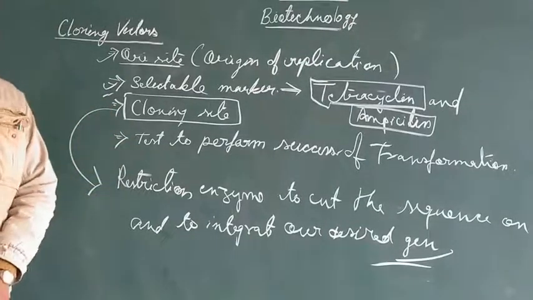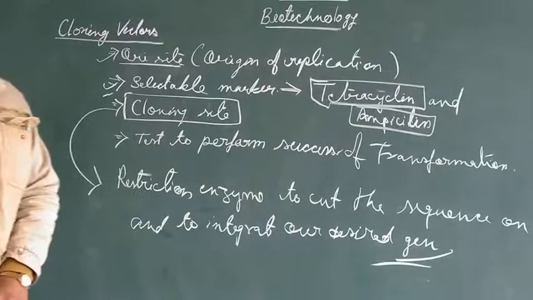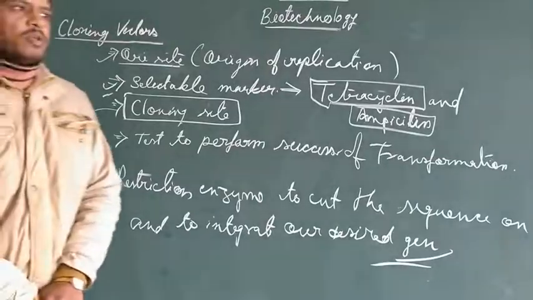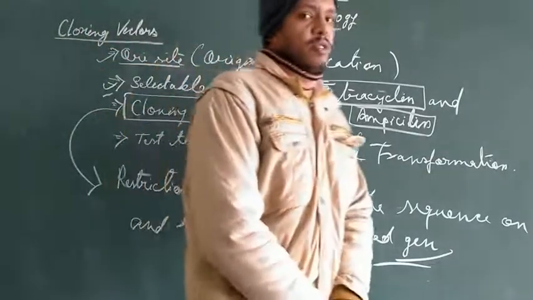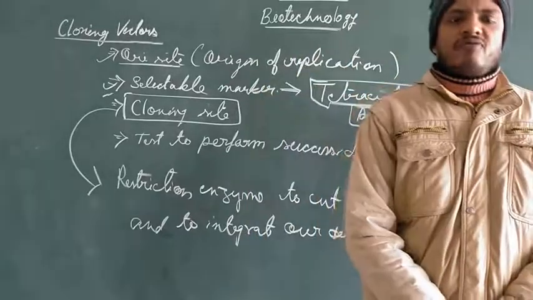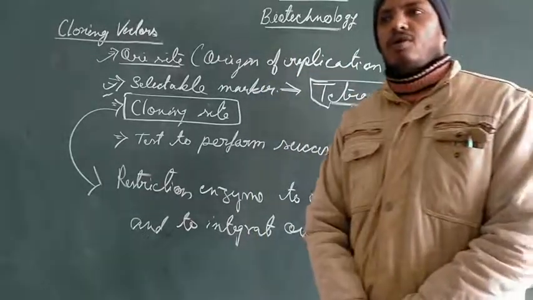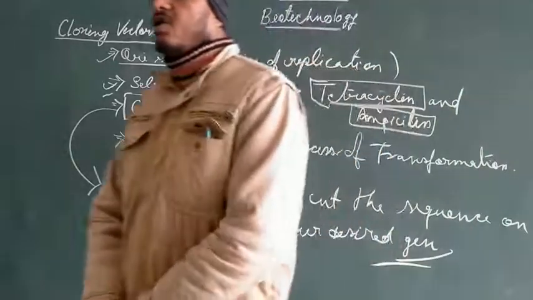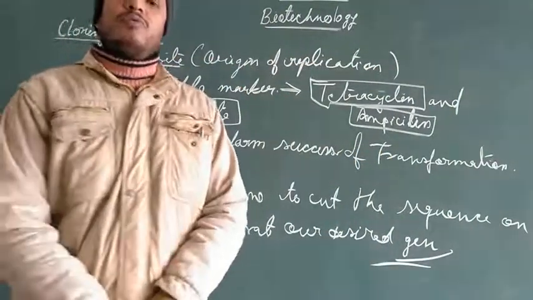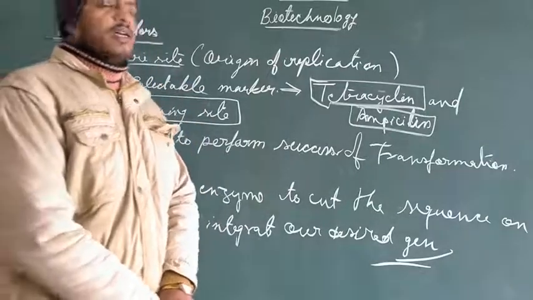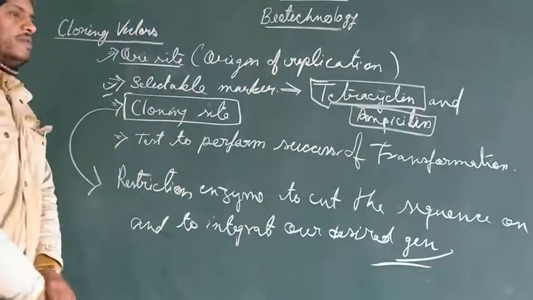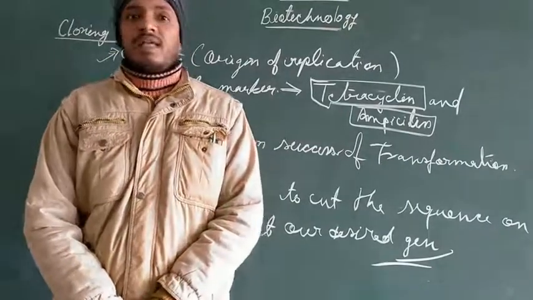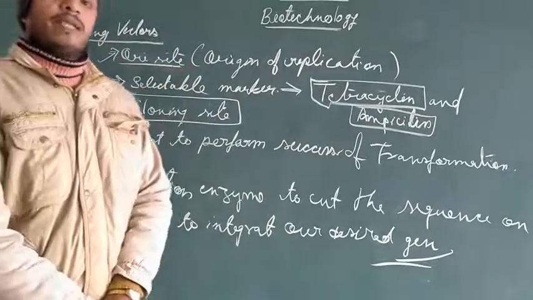The very important thing with the cloning site is that it is very beneficial if there is a single cloning site present in the plasmid. Why? Because if there are more than one recognition site for the restriction enzyme, and we all know restriction enzymes are specific to their recognition site, then the enzyme will cut at multiple positions and generate many fragments.